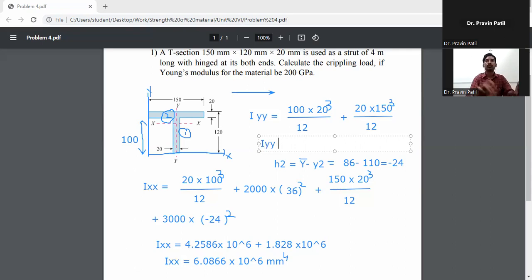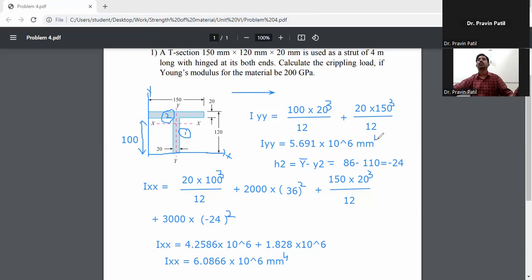Iyy is equal to 100 into 20 cube divided by 12 plus 20 into 150 cube divided by 12. It will be 5.691 into 10 raised to the power 6 mm raised to 4.